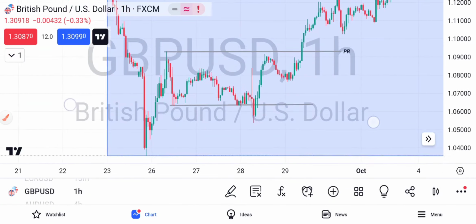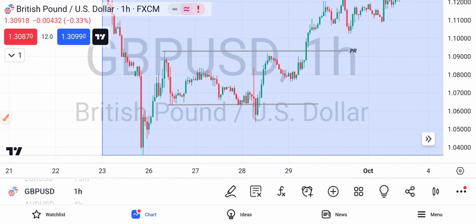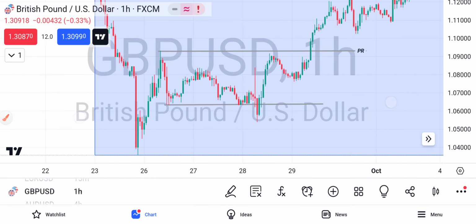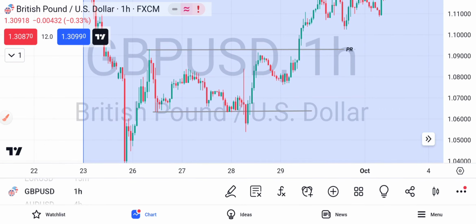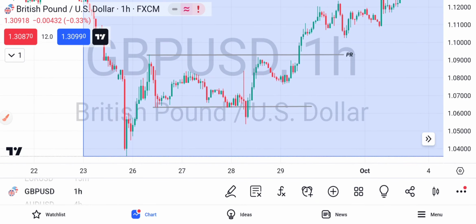Market always needs momentum to go higher, so that is why they retrace. They take out a low before going higher, or they take out a high before going lower. Those are a collection of momentum, a collection of orders, limits placed in the market to move to their main objective.